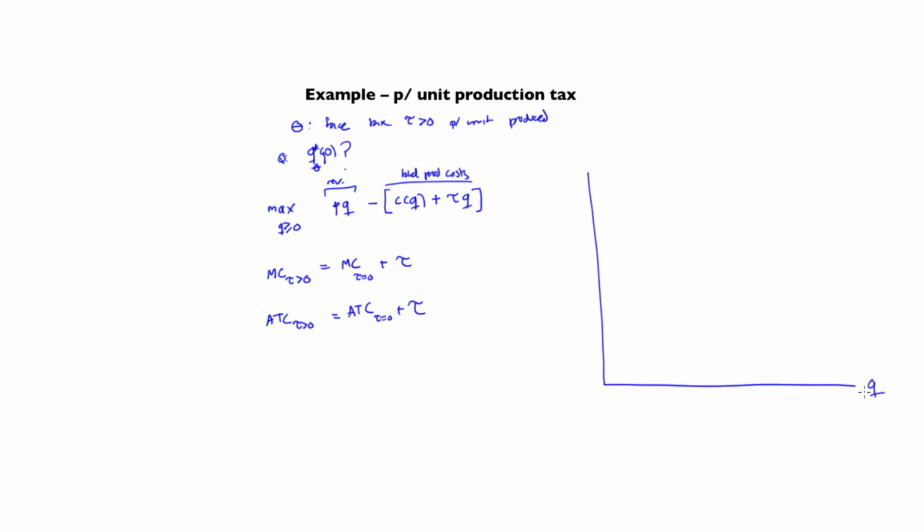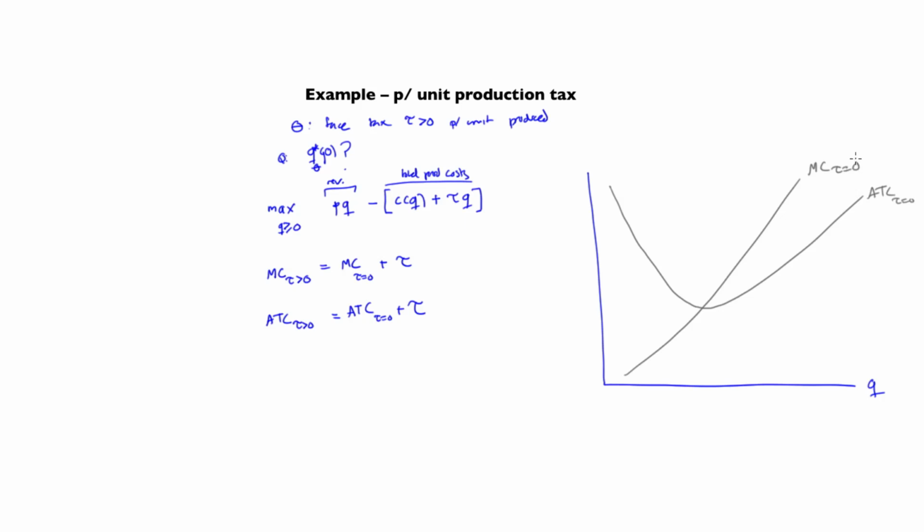So this is Q. I'm going to draw the case of no tax in gray. So that was a case, let's say, in which the average total cost curve with tau equals 0 was there. Let's say the marginal cost curve with tau equals 0 was there.